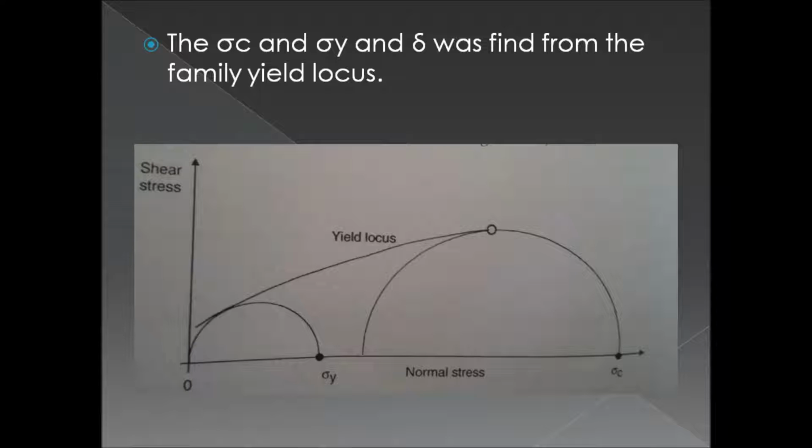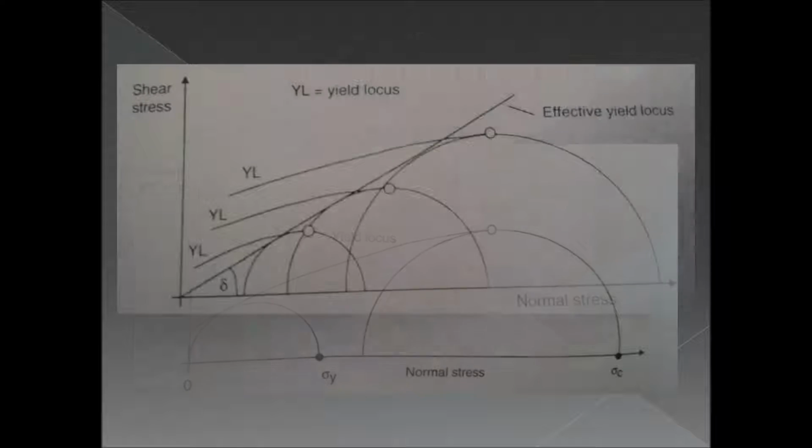To design the hopper, first, we must calculate the values of unconfined yield stress, which is sigma y, and compacting stress, sigma c, and the value of the effective angle of internal friction, which is delta, in the Mohr circle.